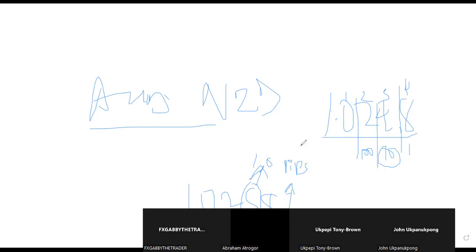Do you understand? Let's do one more example. If AUD NZD is at this current price, and then the market moves to 1.0228, how many pips has AUD NZD gone down by?